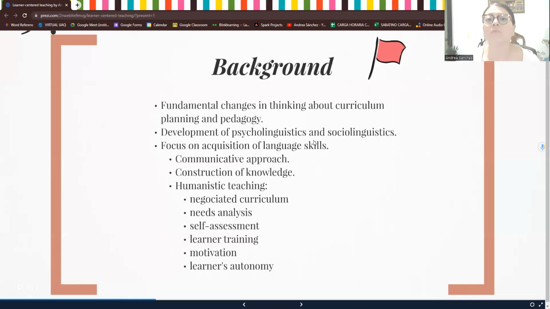So the communicative approach was rising, it was becoming very popular, but also the idea of construction of knowledge. If you remember the example that I gave you in Italian, the verb mi chiamo.